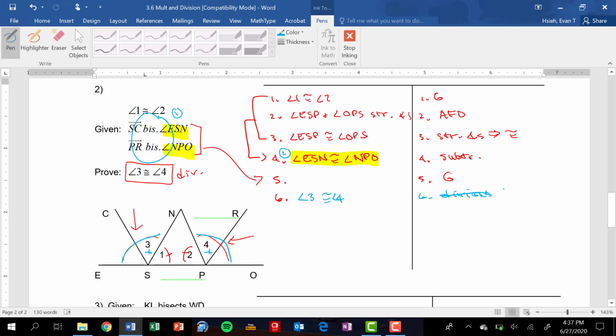Okay, and I need you to write that out. So it would be basically if 2 congruent angles are divided by the same amount, in this case divided by 2, then you have 2 congruent angles.